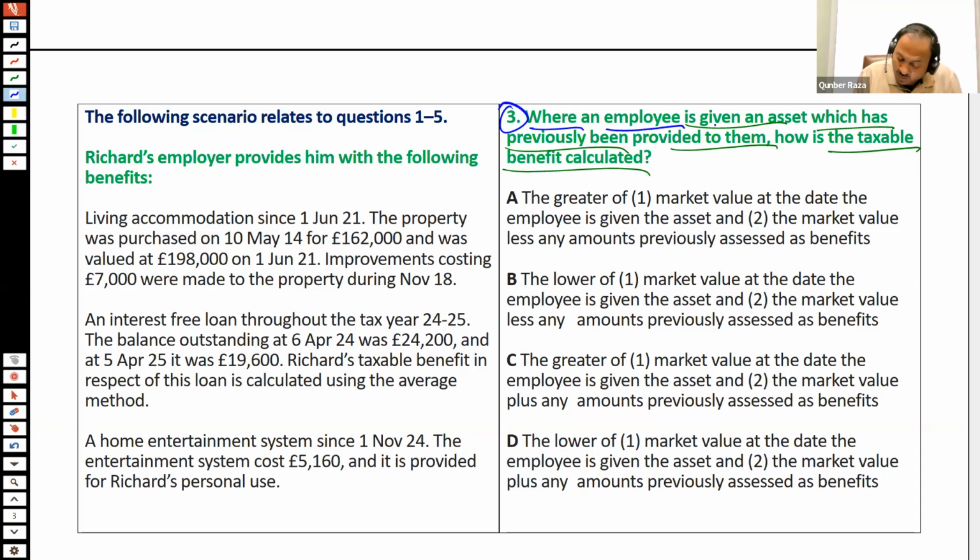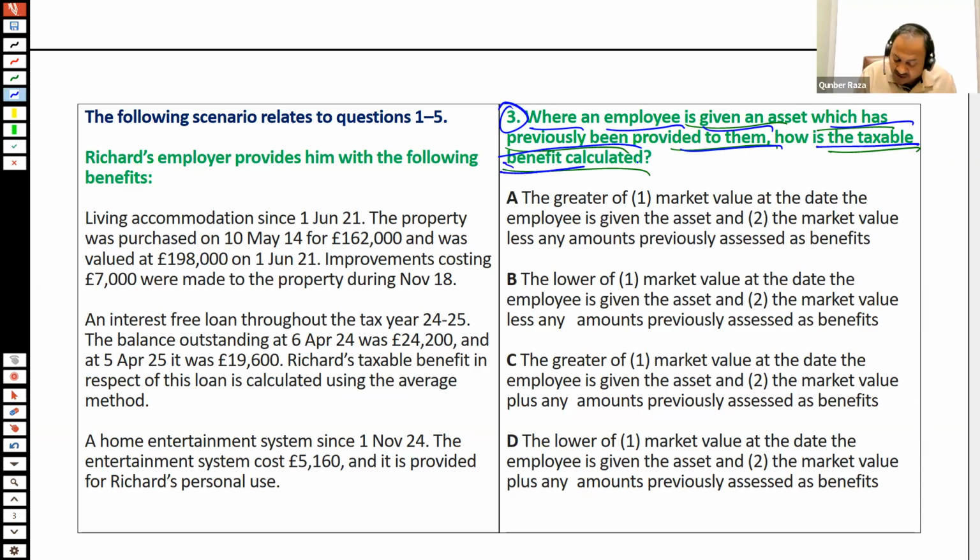Where an employee is given an asset. So, for example, if an asset is provided to any of the employees permanently, which has previously been provided to them. It means previously there was asset usage benefit, now asset gift benefit or asset purchase benefit, whatever.